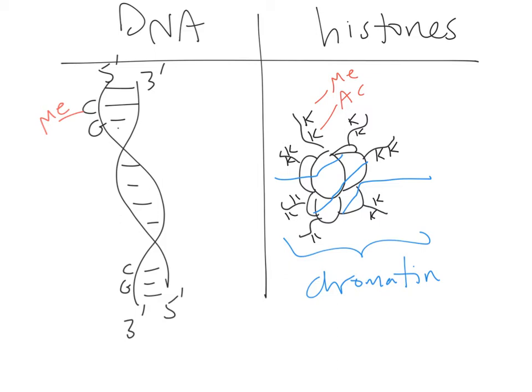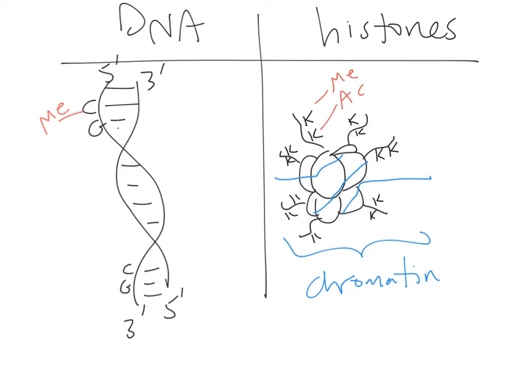And the point there is that while DNA methylation directly affects transcription sterically by blocking things from coming and interacting with the DNA, histone tail modifications, acetylation and methylation, are some of many, but I think the most important two, and they work by changing chromatin structure.